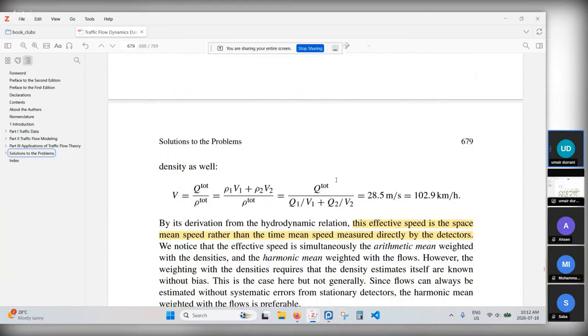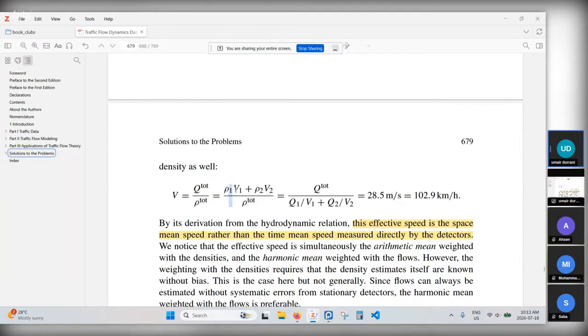And then in this relation, they consider the total density, again with the hydrodynamic relation. So what these steps show us is that there are different ways to interpret this macroscopic speed. You can consider the flow as a function of density and speed, or you can say the density is a function of flow and speed.